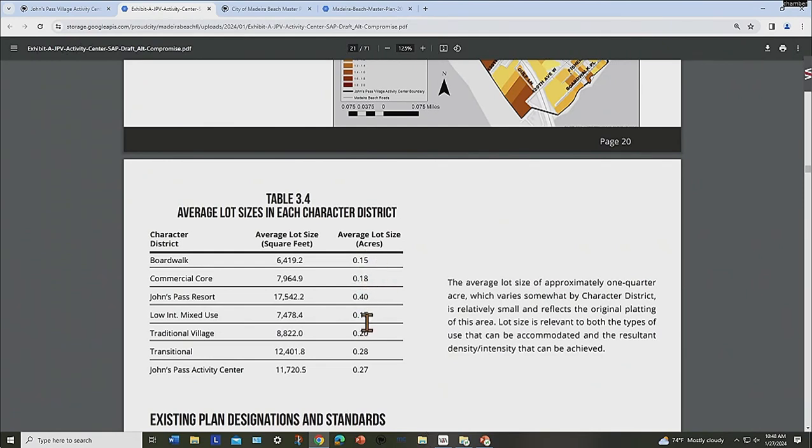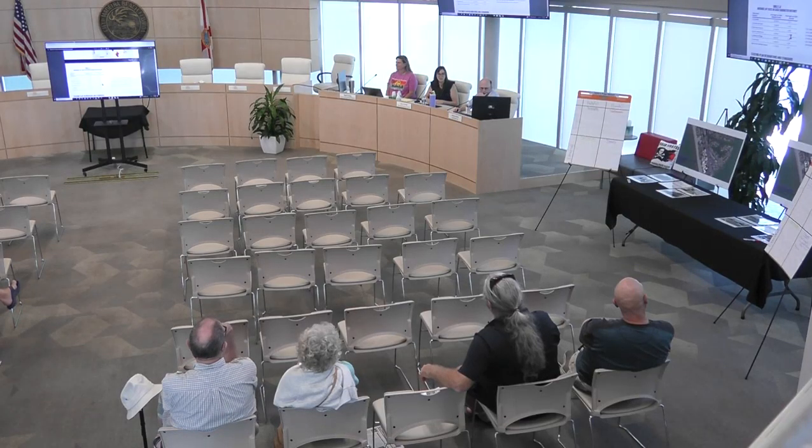Then you multiply that by the units per acre, and it's not as large as you might think. You see 60 units per acre and think, oh, that's going to be a lot, but the average lot is about 0.25 of an acre, so it doesn't come out to as many as you typically think.